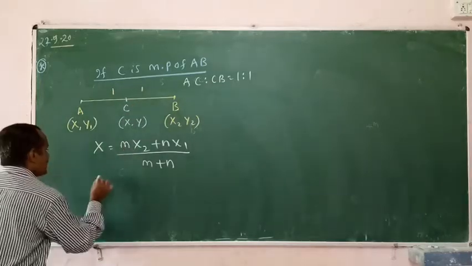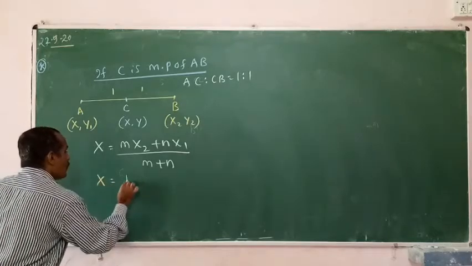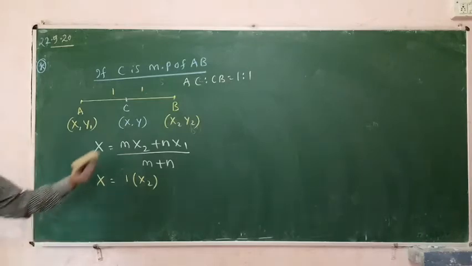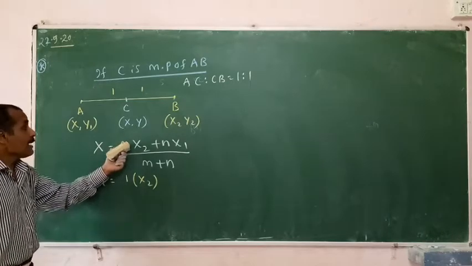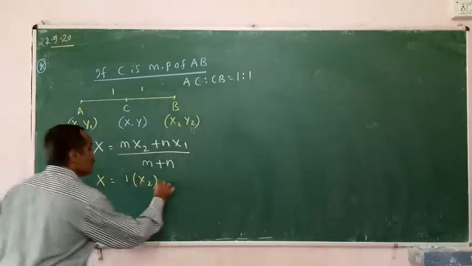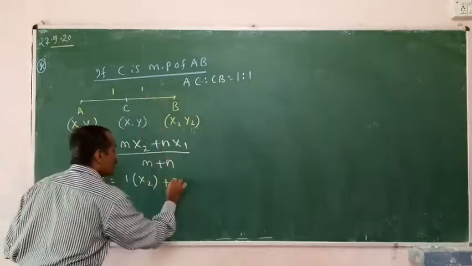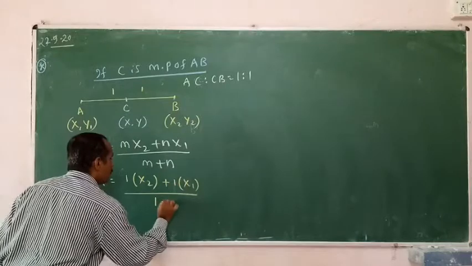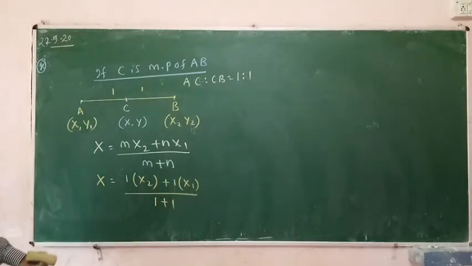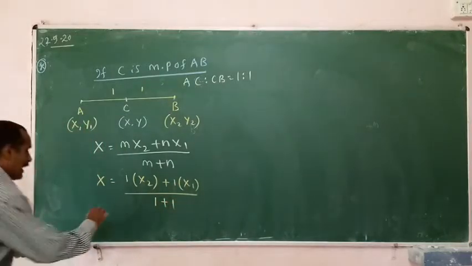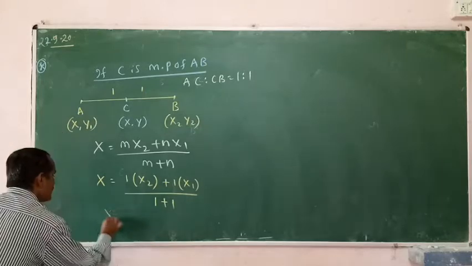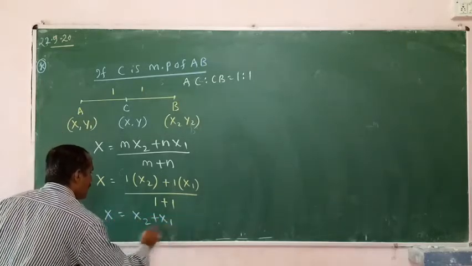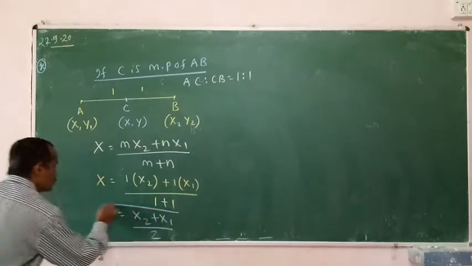See here. x is equal to 1 into x2, why 1 into x2? Because m value is 1, plus n value is 1, 1 into x1, divided by 1 plus 1. And your formula becomes x is equal to (x2 plus x1) divided by 2.